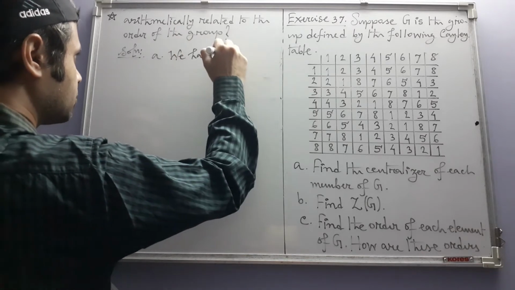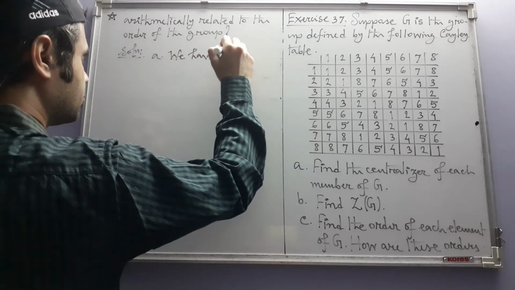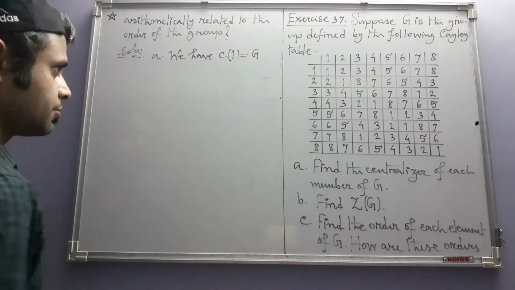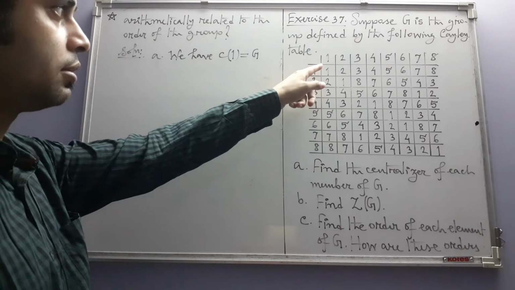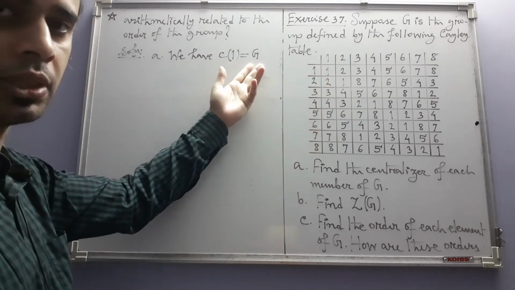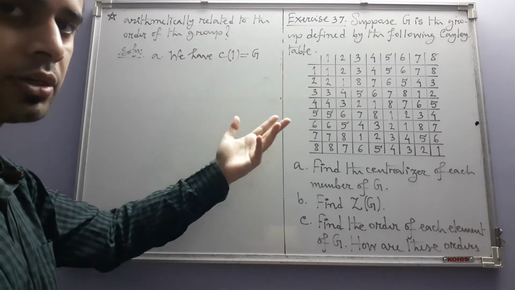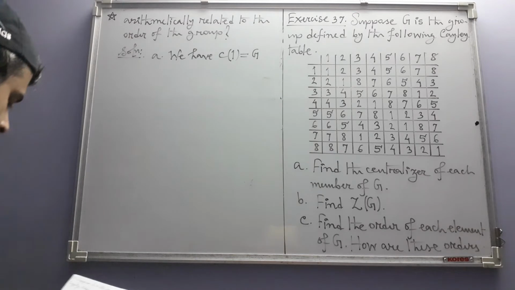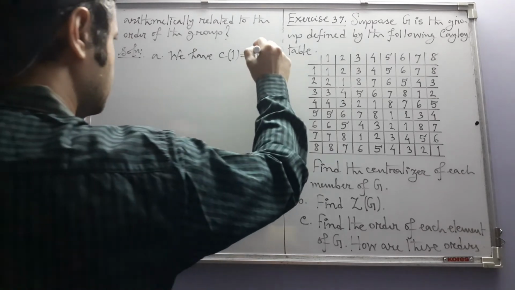Some of them are of course very easy. For example, since 1 acts as the identity element, its centralizer will be the whole group, because every element of a group commutes with the identity of the group. So C of 1 is G.